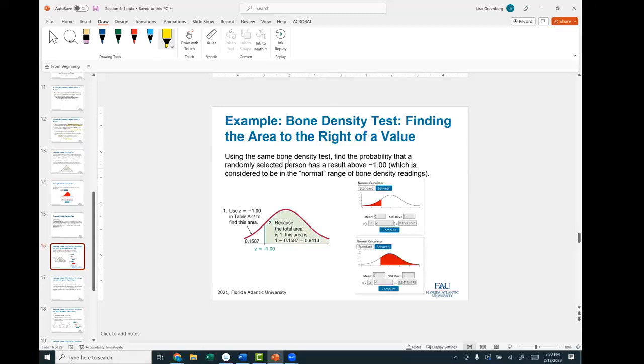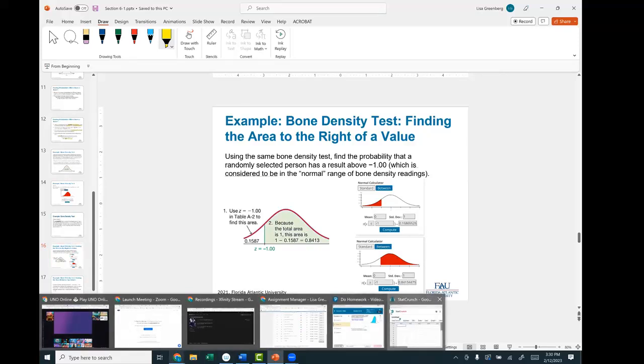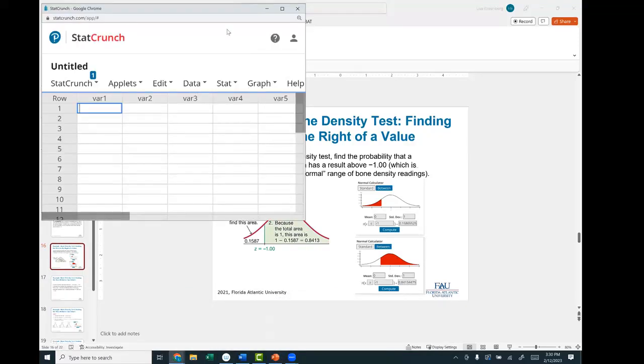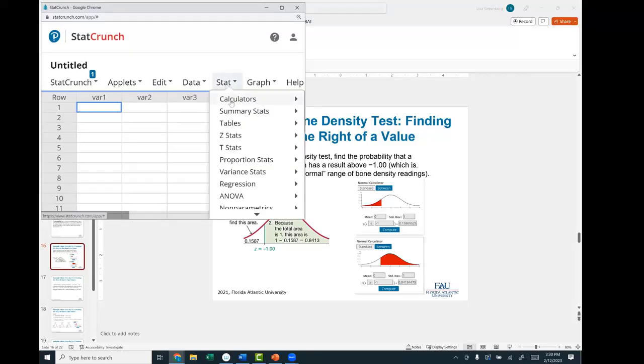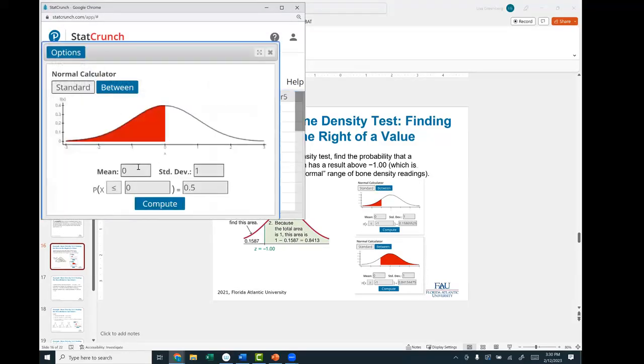So now what if we want to use the same information, but we want to find the probability that a randomly selected person has a result above -1. Okay, so we'll go back, pull up StatCrunch, stat, calculators, normal. And we can really put in whatever we want. So if we want above -1, that's my z-score. That's not my probability, right?